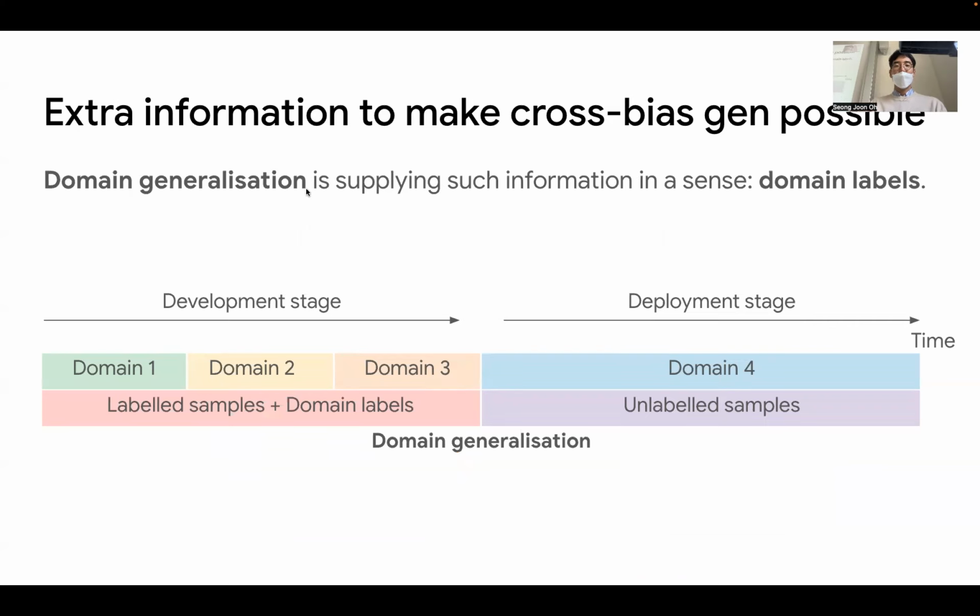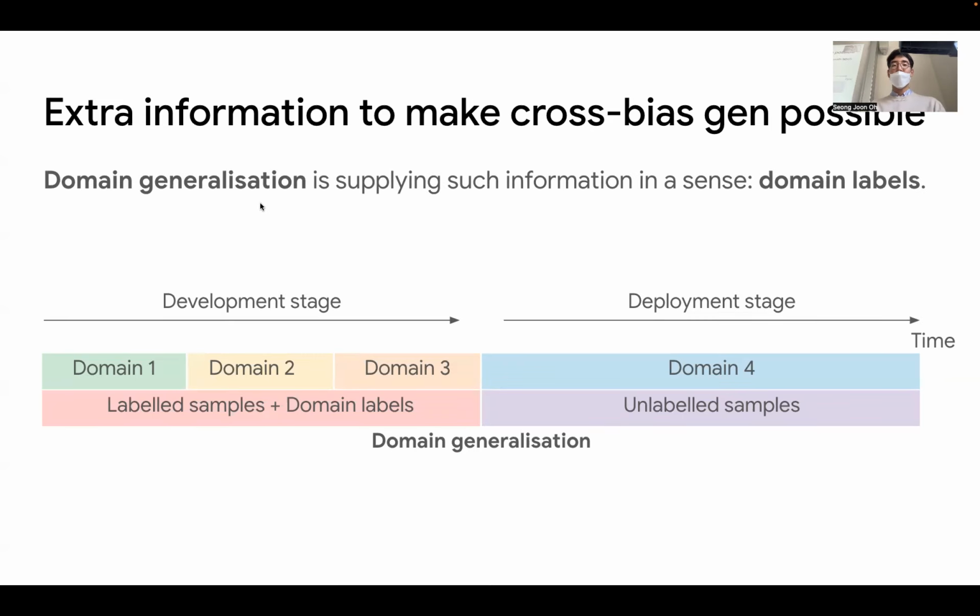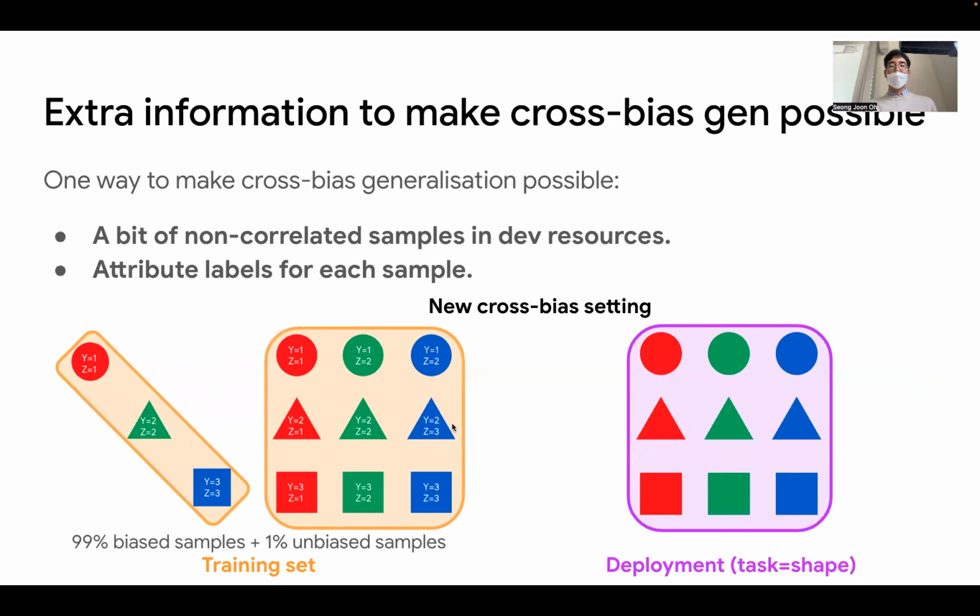So that was one idea. The other idea is domain generalization, which is to introduce domain labels as well. If you just have the target label, y equals 1, y equals 2, y equals 3, then the problem is still not very solvable.